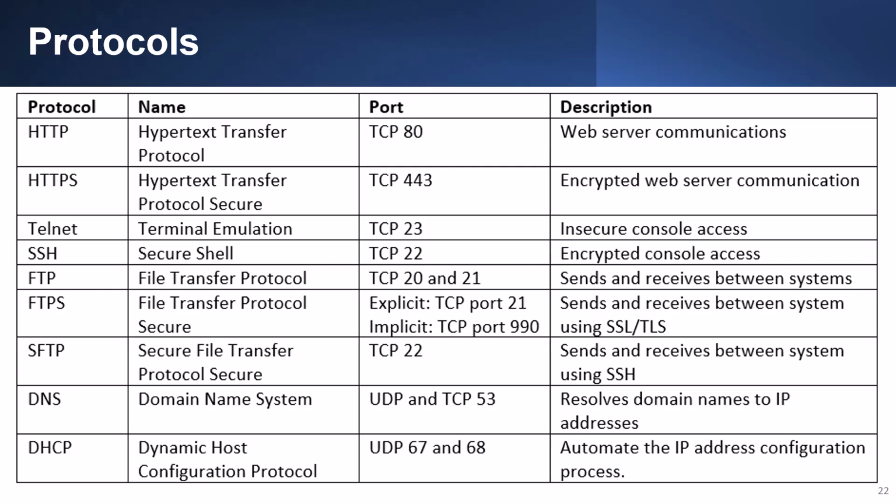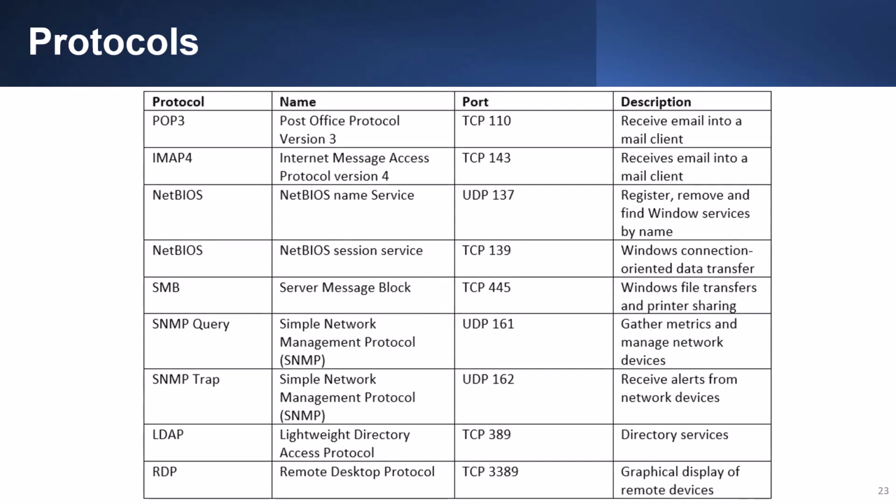To send files, you would use FTP, FTPS, or SFTP. To receive emails, you may use POP3 or IMAP4 over TCP port 110 or 143. SMB offers Windows file shares over TCP port 445, and Lightweight Directory Access Protocol, including Active Directory, over TCP uses port 389.